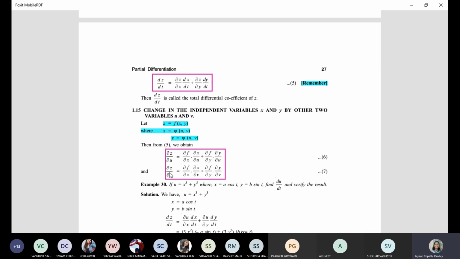When you find del z by del v, it is the same process of composite. You differentiate f with respect to x, then x with respect to v, plus f with respect to y, and then y with respect to v. Is this understood or not? Is this okay?